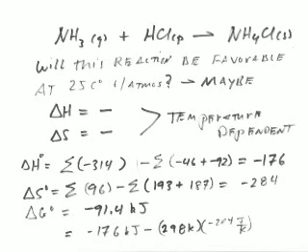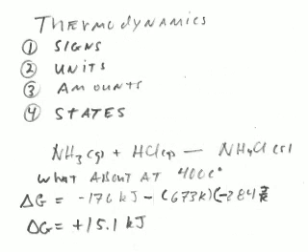Because, of course, the heat of formation is in fact 176 kilojoules per mole, but the entropy term is in joules per mole. You're multiplying by 298 Kelvin times 284 joules per Kelvin. And the difference is going to be minus 91.4 kilojoules.